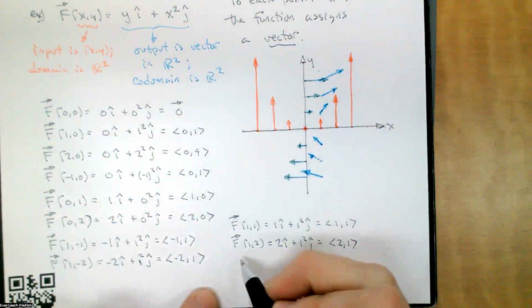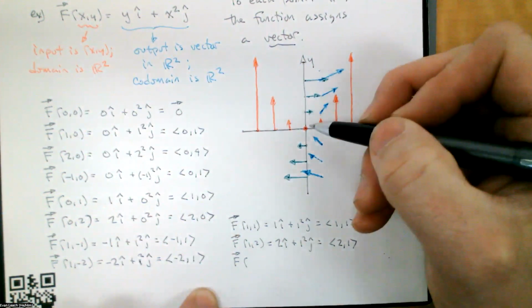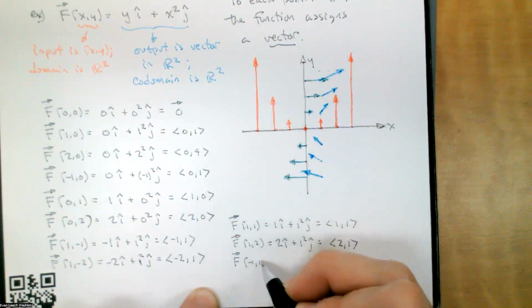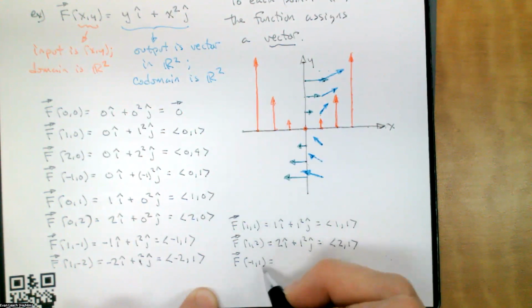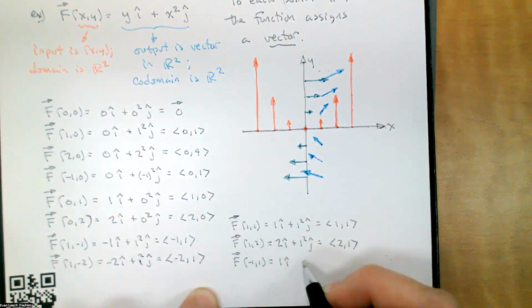And if we want an idea about more points, we just keep plotting points to try to get an idea. So let's see, -1, 1. I wanted something on this side too. So y is 1 and x is -1.